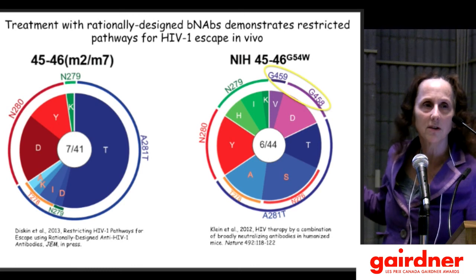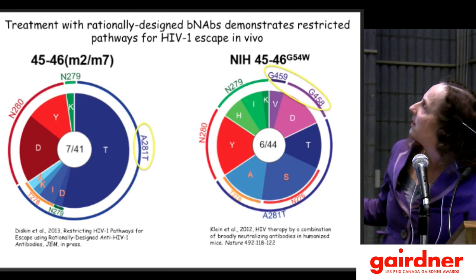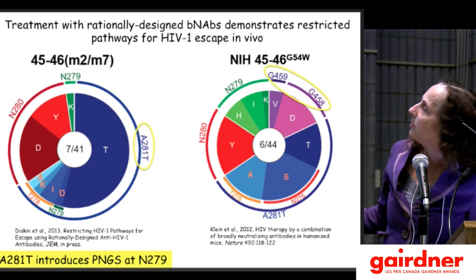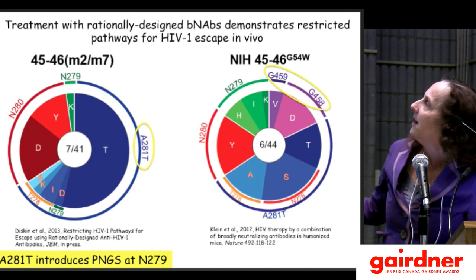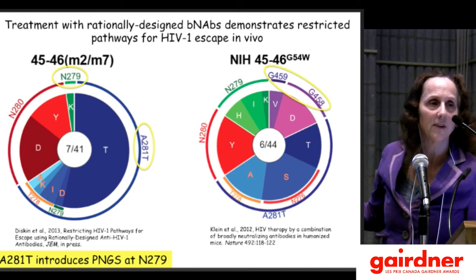So the viruses can no longer use that route, but they've picked up another mutation right here, which is outside of his motif, but it turns out that that mutation introduces a potential N-linked glycosylation site at position 279, so it really is part of that motif after all.